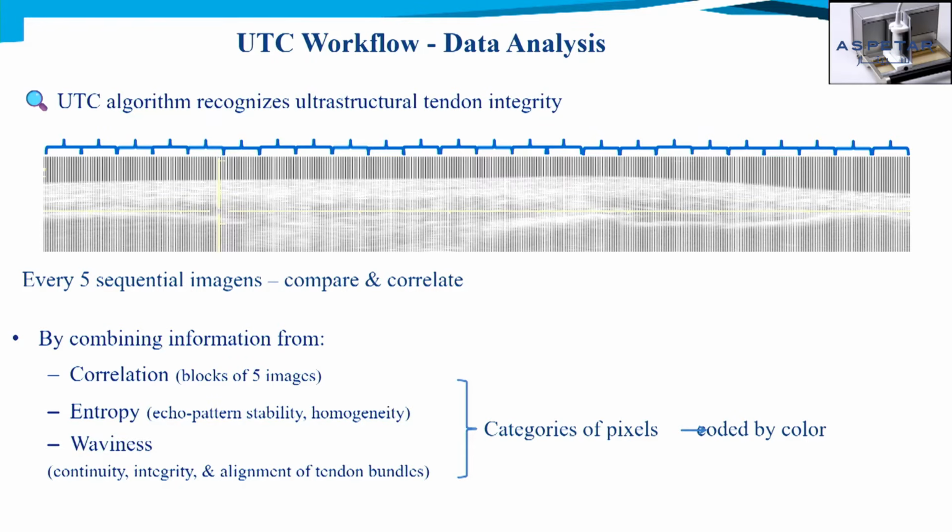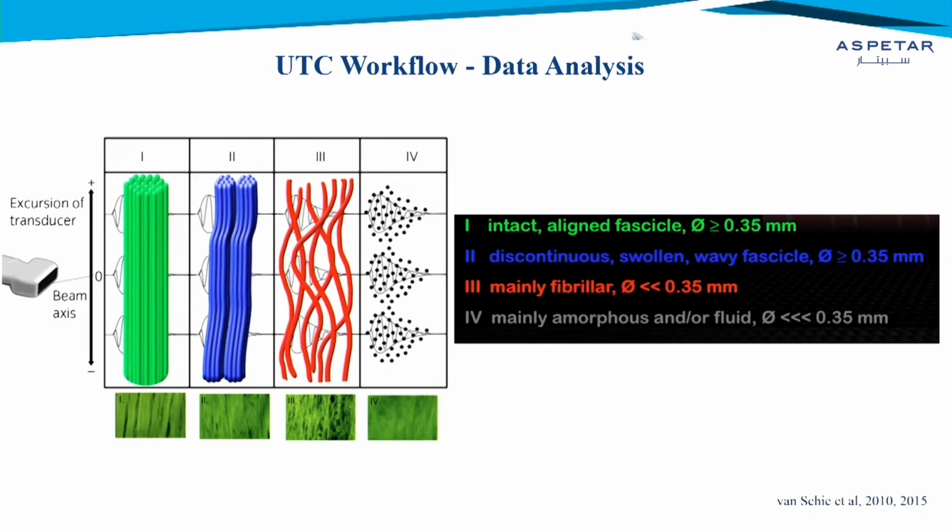From that, it color codes the pixels of each image, which gives 4 grades. The green one is echotype 1, where the fibers are completely intact and taut. Then you have type 2, blue, which is a bit wavy, not swollen, but still healthy tissue. Then you have types 3 and 4, which are irregular tissues or even liquid in black, the type 4 case.